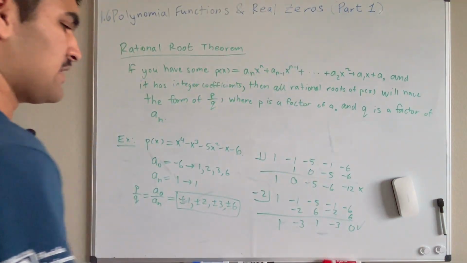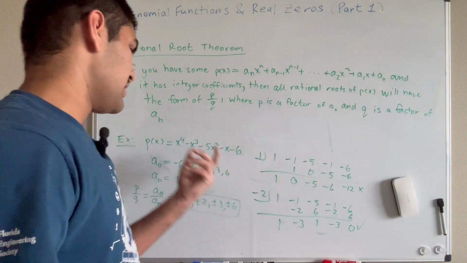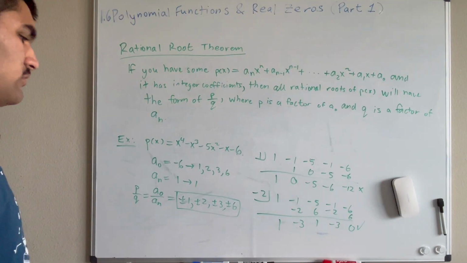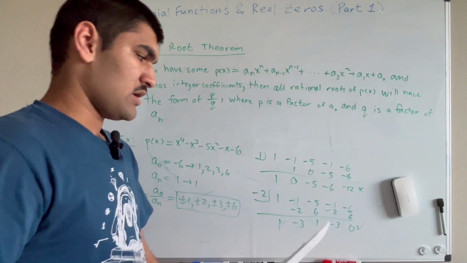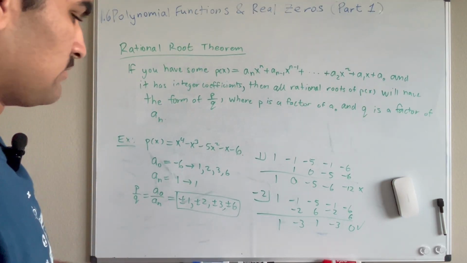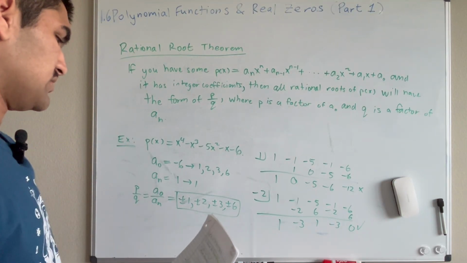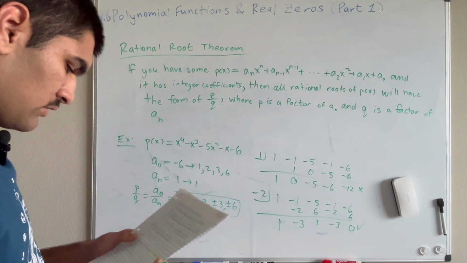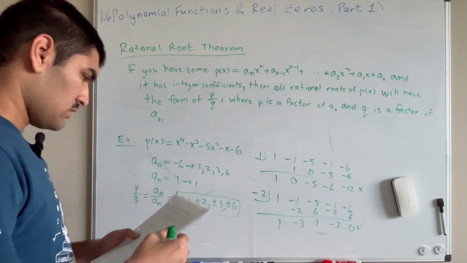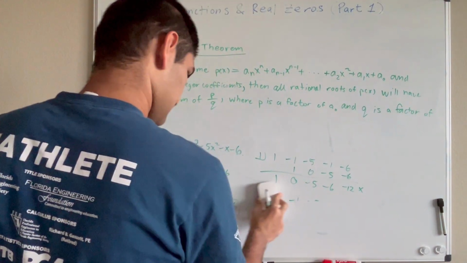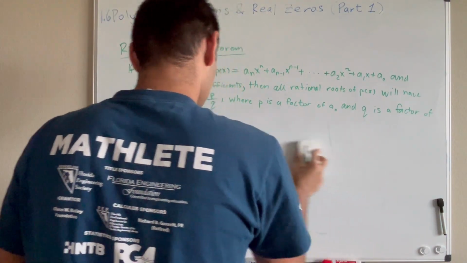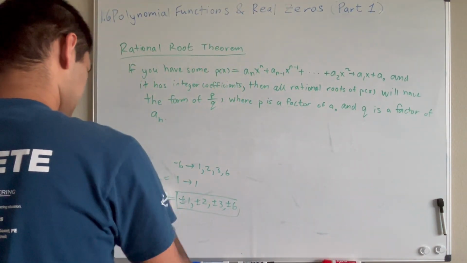So that means that negative 2 is a zero of the polynomial. And you would just test all the candidates in a similar manner to find all the rational zeros. Okay, good. So now let's do one more example of this.